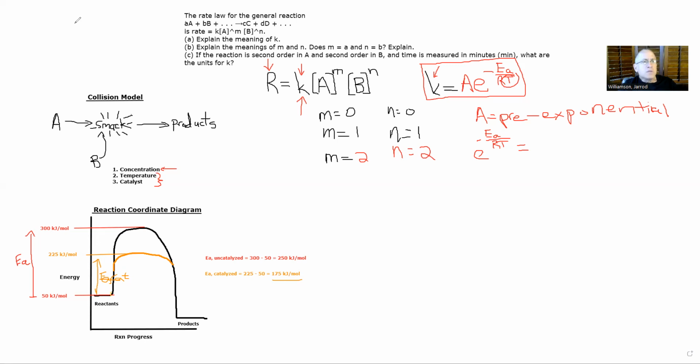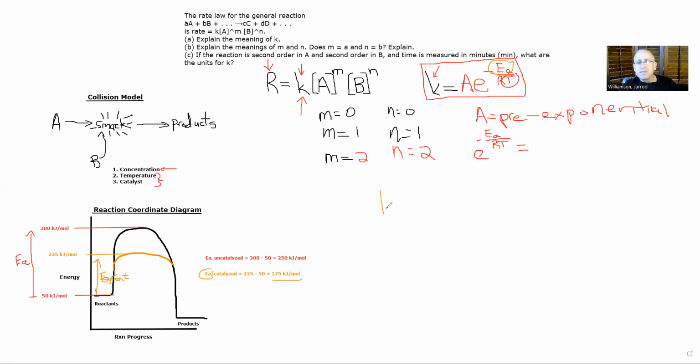Okay. So a catalyst lowers the activation energy, finds an alternate reaction pathway that has a lower activation energy barrier, and that helps the reaction go faster. And that effect, this value of lower activation energy barrier, is hidden or buried in K, the rate constant.